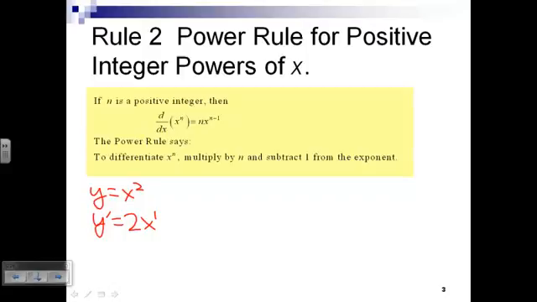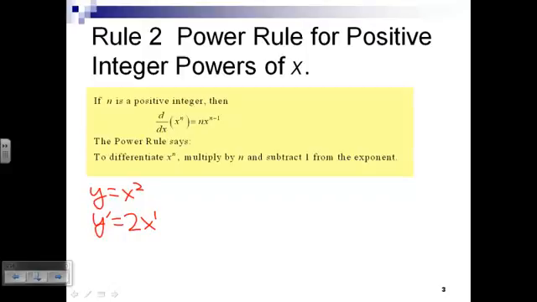So the derivative of x squared is 2x. Now we've actually done that problem using the definition of derivative. Limit as h approaches 0 of f of x plus h minus f of x all over h. We've done that problem. And we came up with 2x when we did that as well.